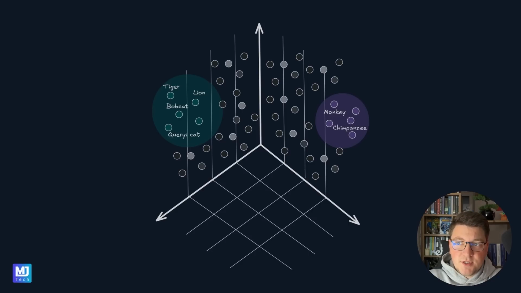Now, what you see here is just a three-dimensional representation of some vector space, and each point in this space represents a concept. What vector embeddings allow us to do is to compare different vectors and determine if they are numerically similar. For example, the concepts of a tiger, a lion, and a bobcat could have similar vector embeddings, so they're going to be close by in this vector space.